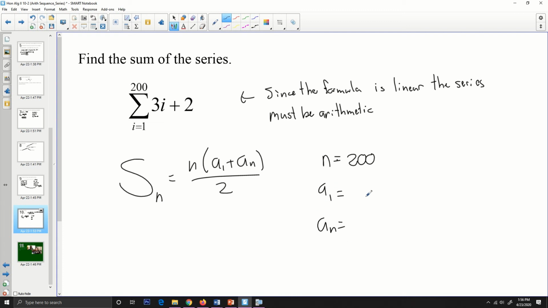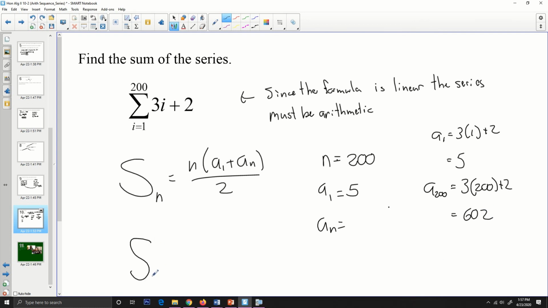To calculate the first one, a sub 1 is going to be 3 times 1 plus 2. I'm just taking that equation there and calculating that first term. So 3 plus 2 is going to be 5, so that first term is going to be 5. And then my last term here, since n is 200, a sub 200 will be that last term. 3 times 200 plus 2 will be 602.